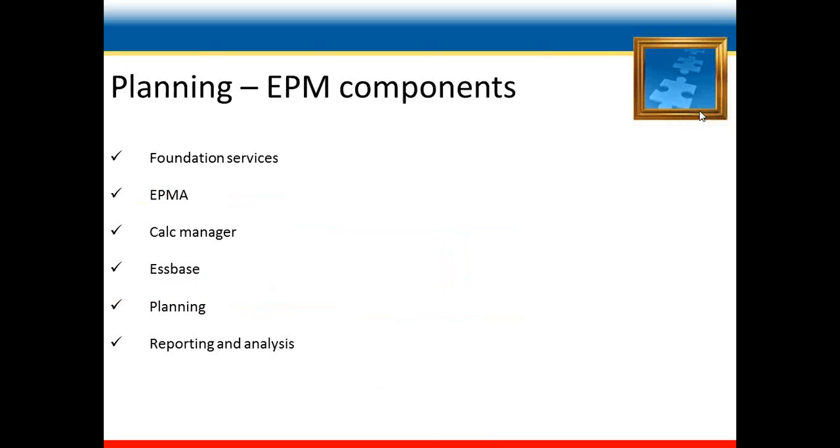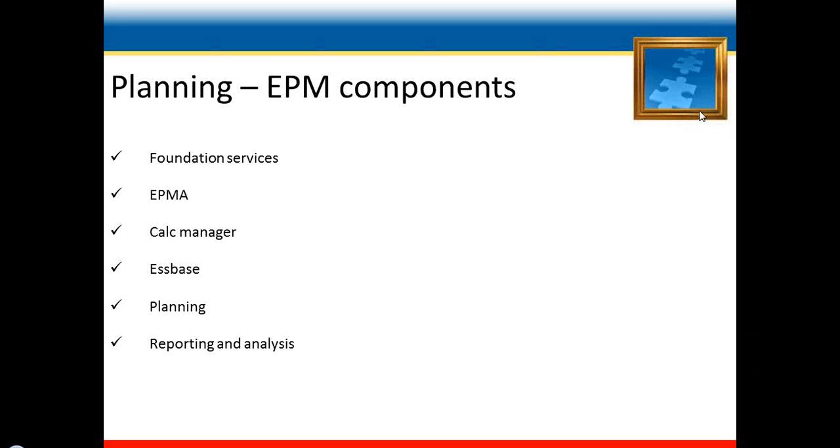Planning EPM components. If you are planning to install EPM components for planning environment, then you also need to install the following components. First one is Foundation Services, which is used for provisioning users and groups. EPMA, where you can manage and create dimensions for planning and create EPMA type planning applications.